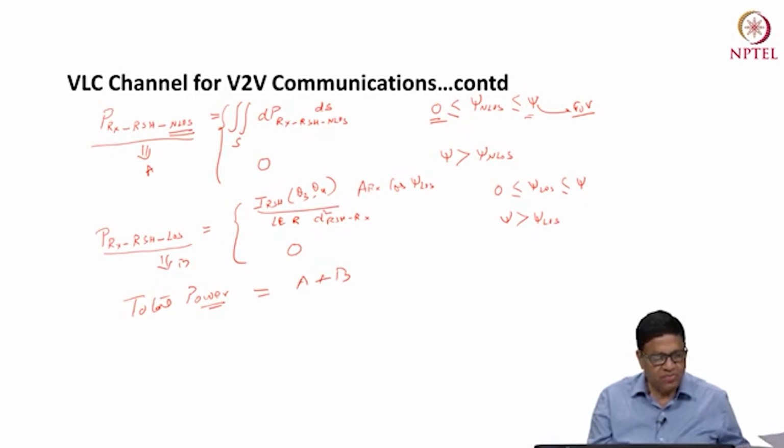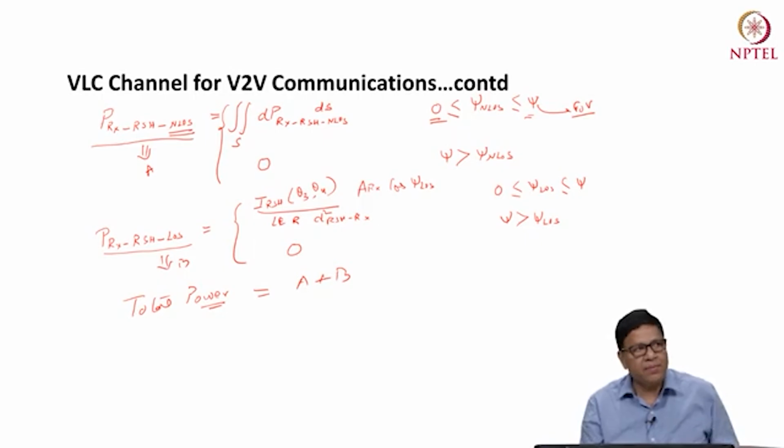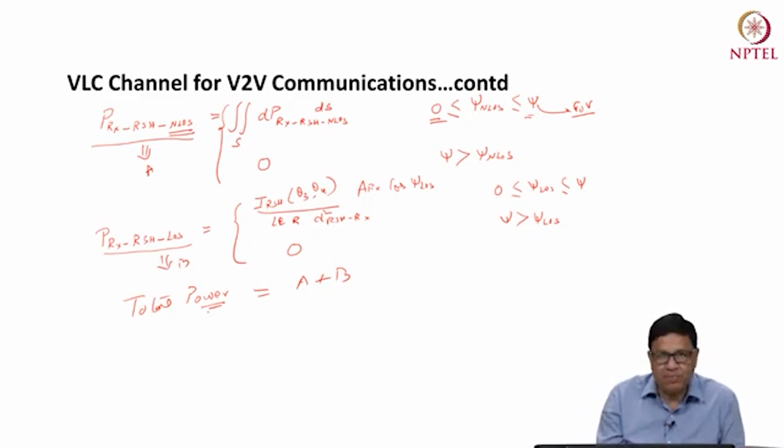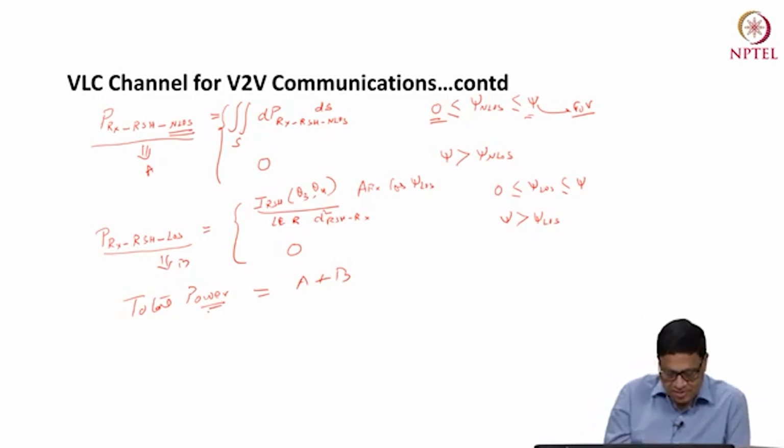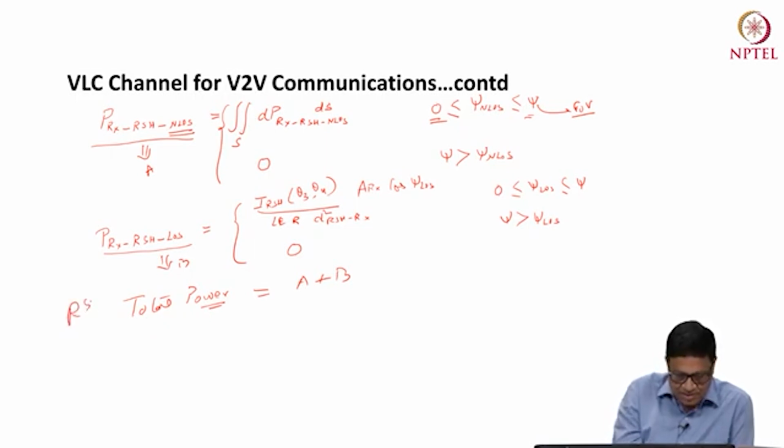And this we have done only for the right side headlamp, but you need to include the power which is coming from the left headlamp. So this is only from RSH.